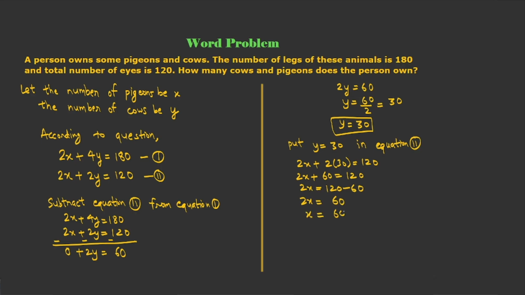X will be again 60 by 2, that is 30. So x equals 30. That means the number of pigeons is 30. So the number of pigeons is 30 and the number of cows is also 30. In this way you can use the elimination method to solve word problems also.